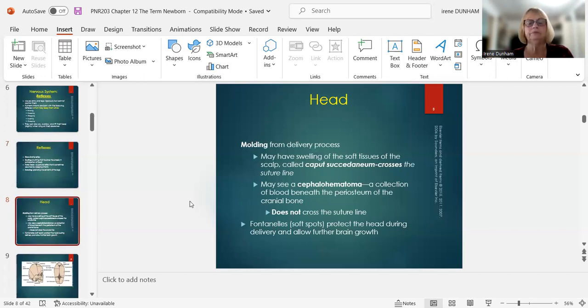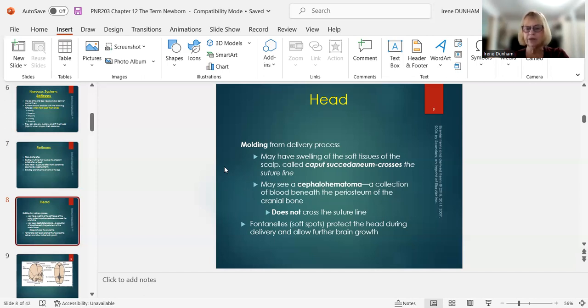All right. The head. Now, the head is quite big, and it may have some swelling of the soft tissues because the head has the suture and it's kind of compressed, so that it can go through the process called molding.